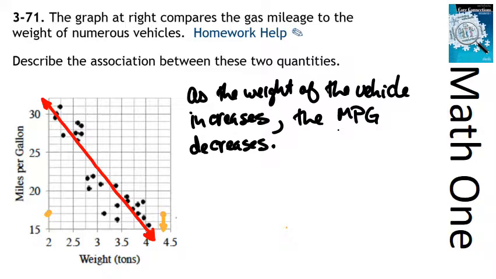Makes sense, right? You've got a very light little Honda or Toyota Prius or a Honda Fit or something, doesn't weigh a lot. It's going to be able to travel a lot further on miles per gallon for one reason. The other is the well-engineered powertrain, maybe hybrid electric or something like that. Anyways, that's question number 71.